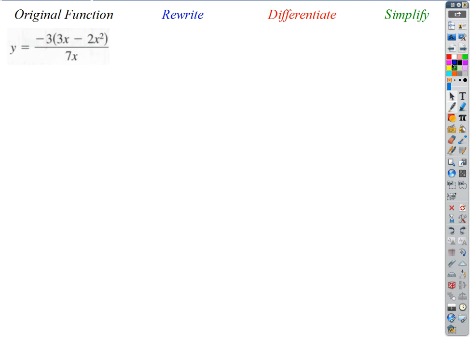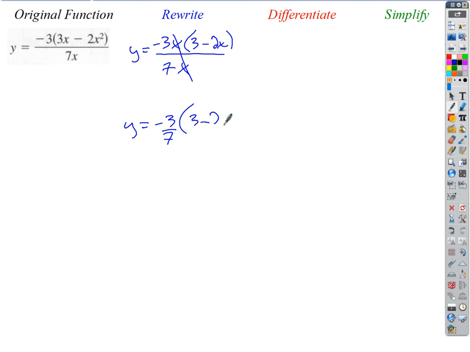Let's talk about this one a little bit. So I could factor out an x, good. So I've got y equals negative 3x times what? On the bottom, I've got a 7x, so the x's cancel, and this just becomes y equals negative 3/7 times the quantity 3 minus 2x, easy, right?